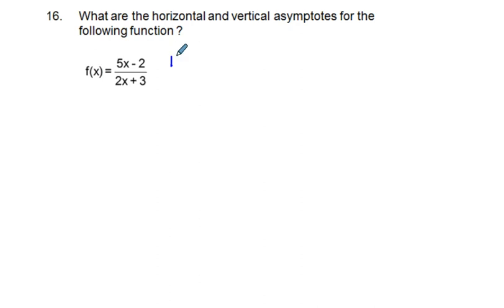Here, our horizontal asymptote is going to be found by taking the highest power term in the numerator, dividing by the highest power term in the denominator. So we're going to get 5 over 2, or 2.5. So that would be y equals 2.5.